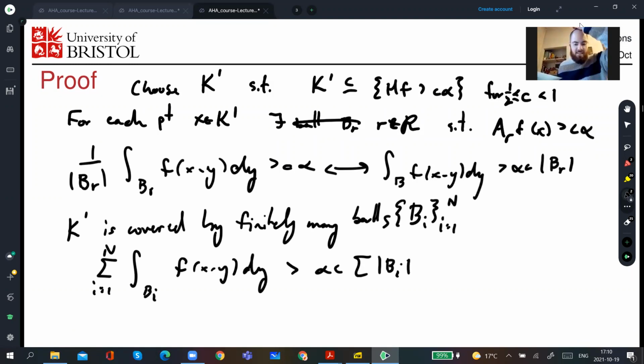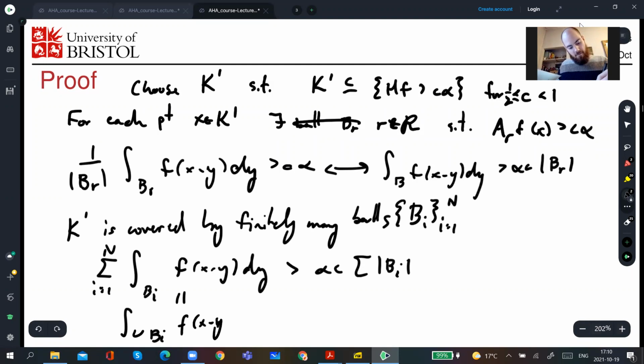The i is indexing the sequence of balls now, not indexing the radius of the ball. But this thing is not equal to the union of all the B_i, which would contain K prime, and hence K, and therefore give us the L1 norm of the function.